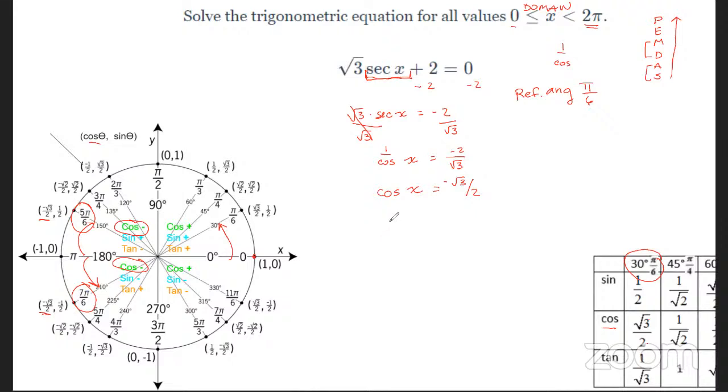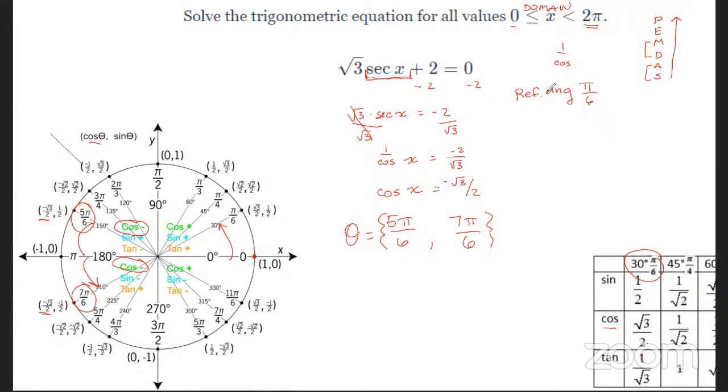And that's going to be 5 pi over 6 and 7 pi over 6, okay? So those are your two angles.